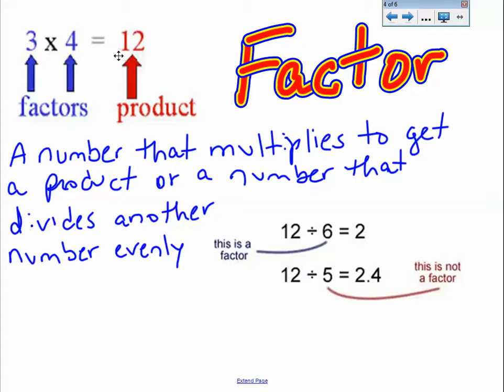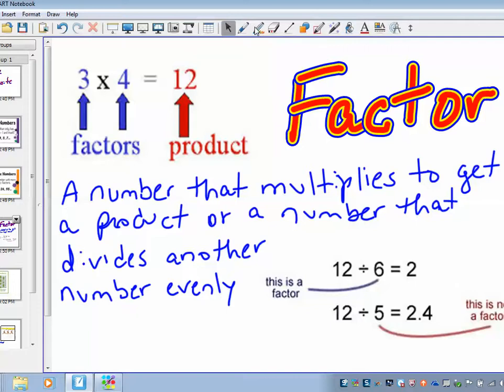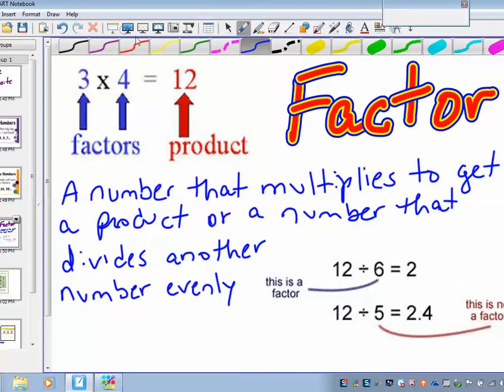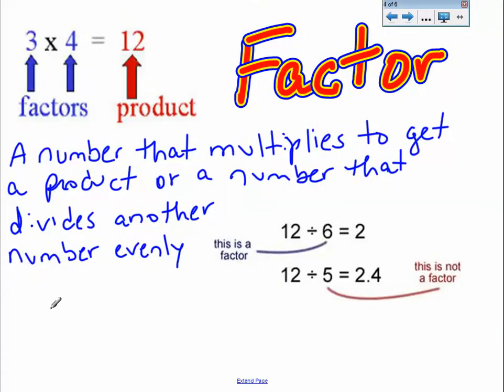But you can reverse it and think of it as division, because you could say, like, 12 divided by 6 is 2. So 6 is a factor of 12 because it will divide it evenly. So I could also do the same thing with the 3 and the 4, and I could say 12 divided by 3 is 4, and 12 divided by 4 equals 3.